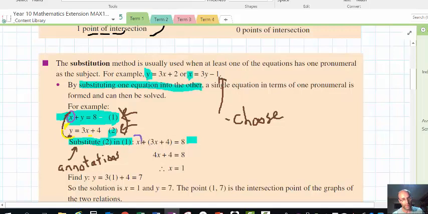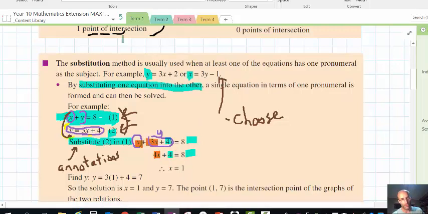There's x plus, now the y has been replaced by 3x plus 4, because y equals 3x plus 4, so that's your y. Now we've got like terms, so we can add them. So x and 3x makes 4x, and you've got the 4 continuing there, and it equals 8.